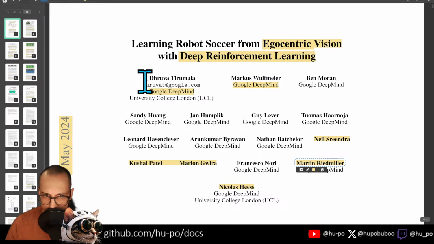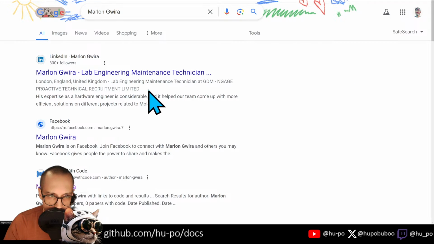So most of the work was done by this guy here, Dhruva, but Dhruva and Marcus are probably quite junior, right? I would guess these people are either directly out of an undergrad or PhD program, so they're relatively young versus these people here, Martin Riedmiller, Nicolas Heess. These guys are going to be more senior. So I was like, who are these people here that are not associated with Google at all? And I looked them up, and they're lab techs.